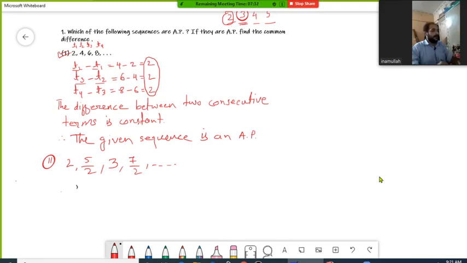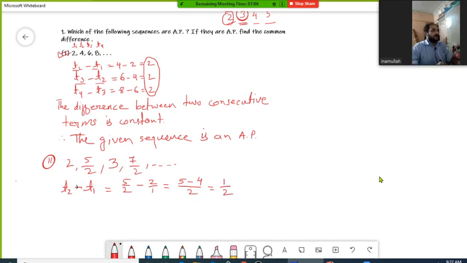So again the same procedure, T2 minus T1. So T2, that is 5 by 2 minus 2. There is nothing in the denominator, so you can consider 1. So 1 into 5, that is 5 minus 4 upon 2. So 5 minus 4 will give you 1 by 2.